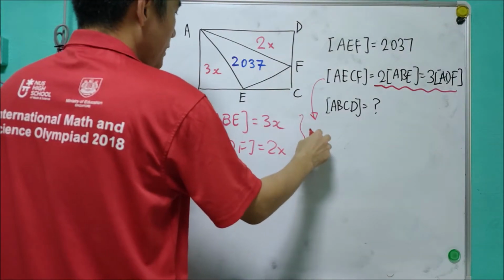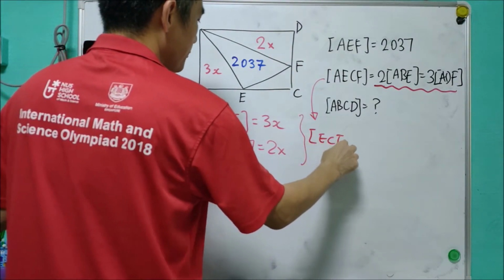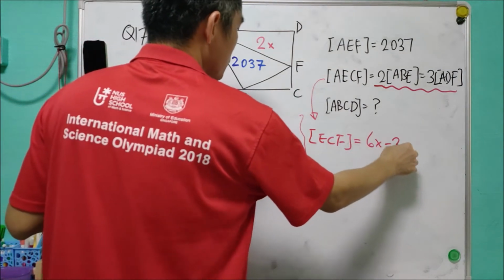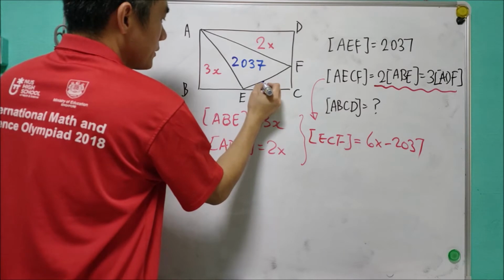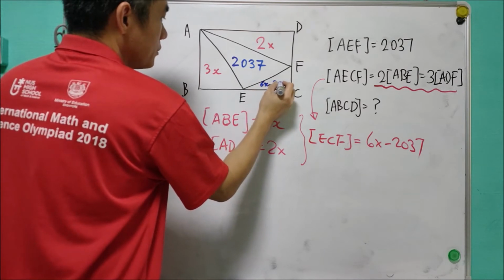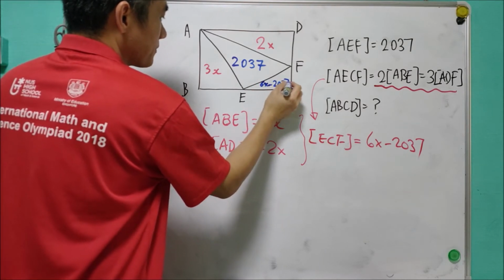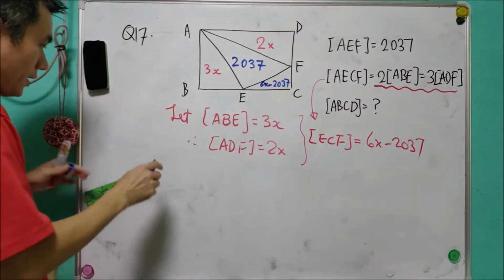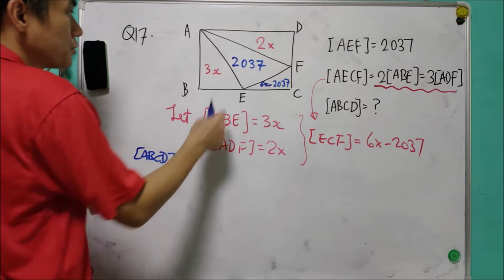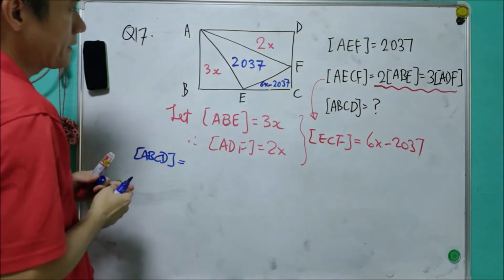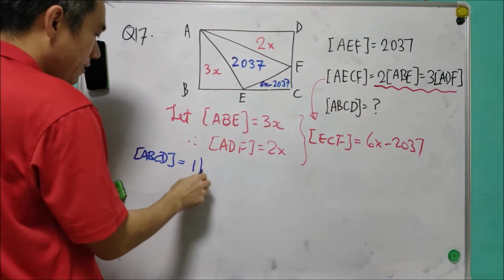It means that the area of ECF equals 6x minus 2037. From all of this information, we will know that the area of ABCD will be equal to the sum of all these numbers, and it will be equal to 11x.